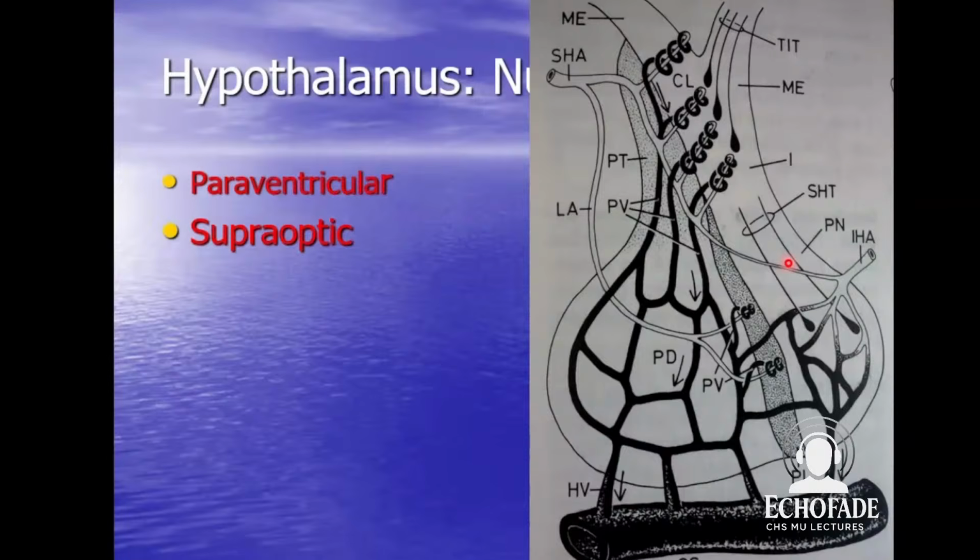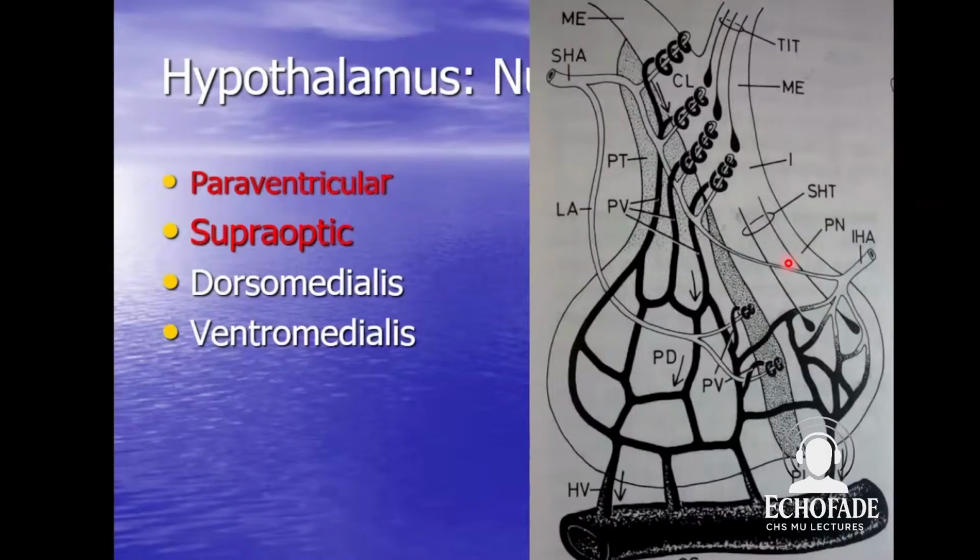The other nuclei have small cell bodies, so we call them parvocellular. This includes the ventromedial nucleus, dorsomedial nucleus, and the infundibular nucleus, the tuberal nucleus.